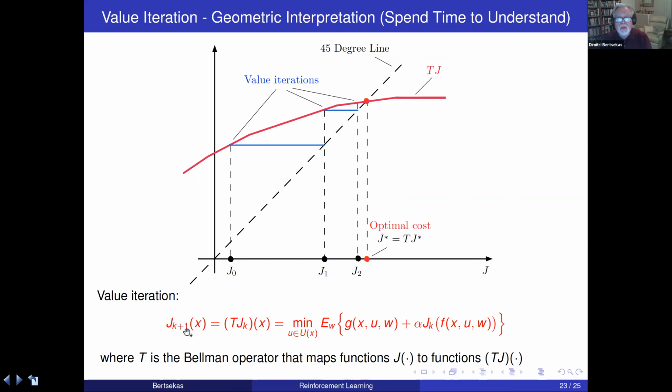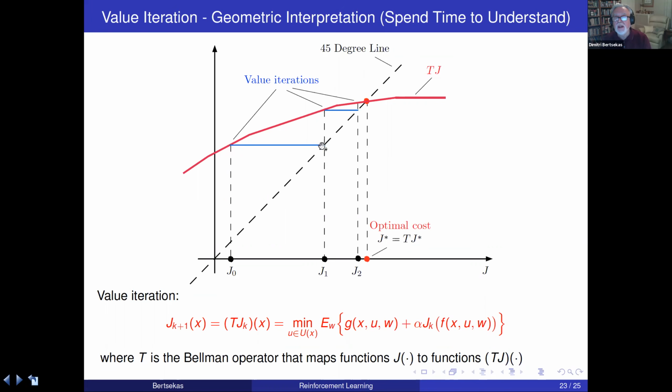And value iteration, remember, is, given the current iterate, you apply the Bellman operator to it, and obtain a new iterate. So what does this correspond to in this figure? You start from an initial iterate J0. You calculate T sub J0, and this is J1, okay? How do you construct that?